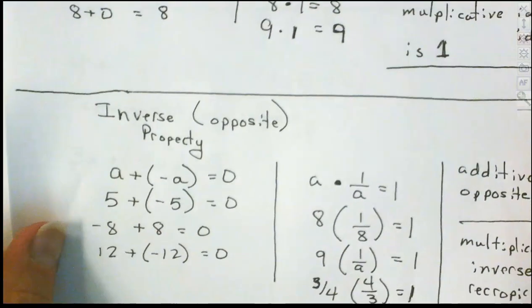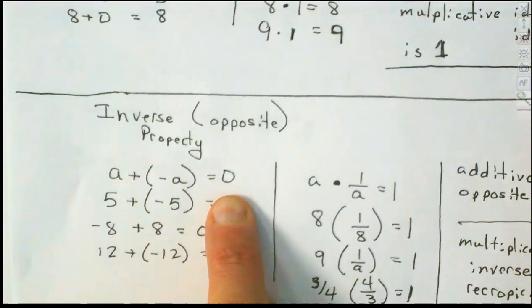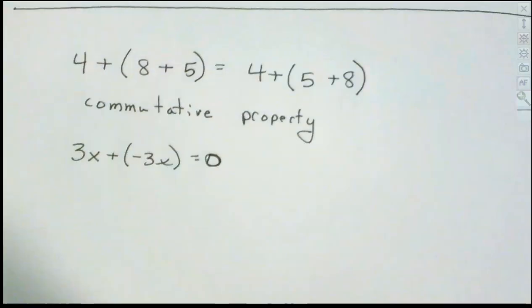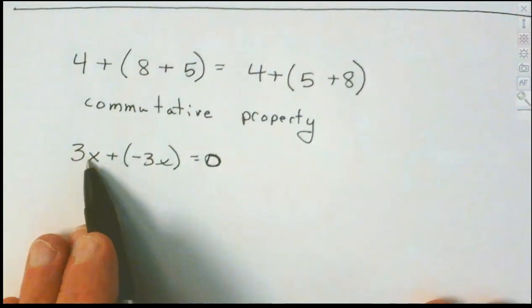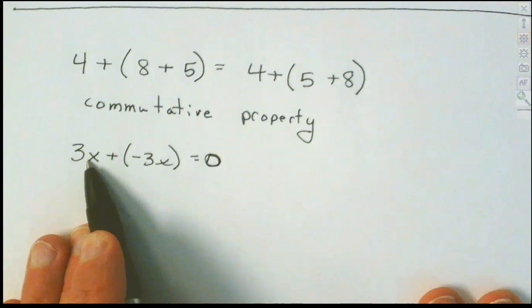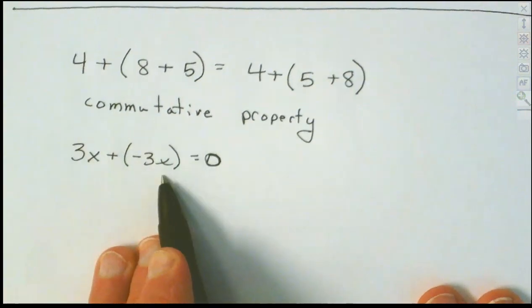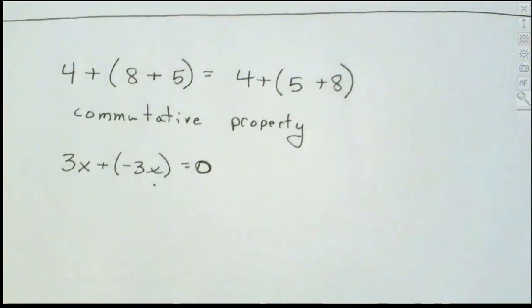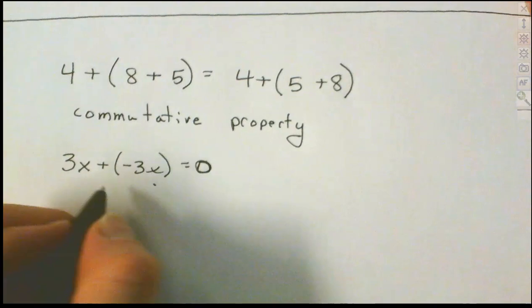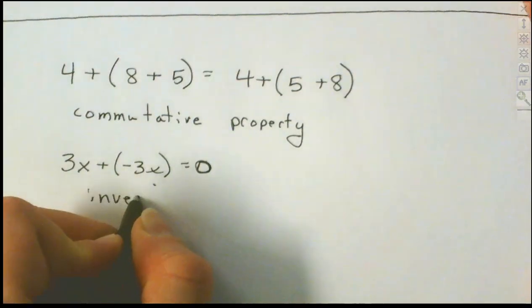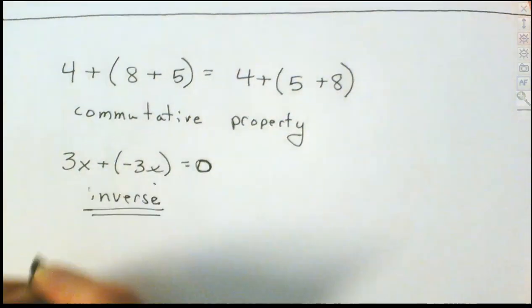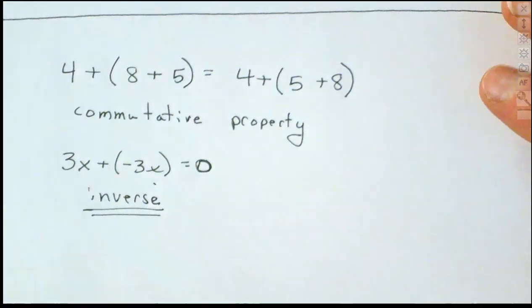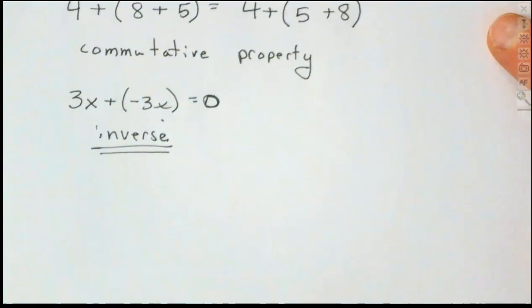The only one where it equals 0 is what? Inverse, right? 3x, what's the opposite or the inverse of 3x? Negative 3x, right? They go together, and they make it what? 0. If it equals 0, it means it's an inverse. They're opposites of each other.